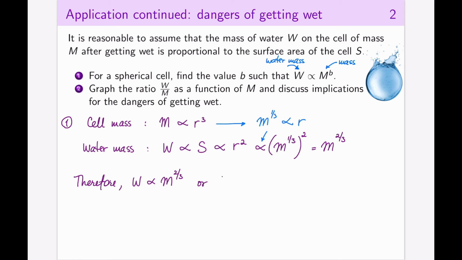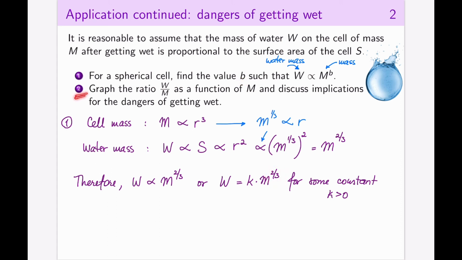The other way to write this down, once again, is by using the proportionality constant. So this is some k times M to the power 2/3 for some constant of proportionality k greater than 0. So we were asked to find the exponent of proportionality, and that exponent is 2/3.